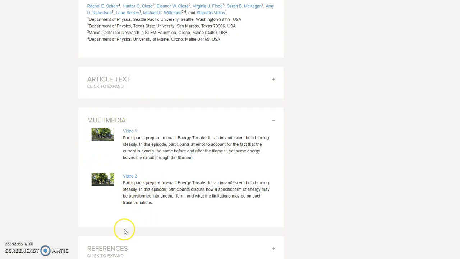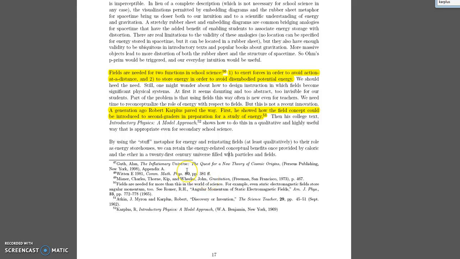It also highlighted for me the importance of fields, and now this is something that Swackhammer really emphasizes in his paper on energy, and he makes a big plea that the field concept should be introduced into schools at an earlier stage, and he cites Robert Karplus saying that he showed how the field concept could be introduced to second graders in preparation for a study of energy.